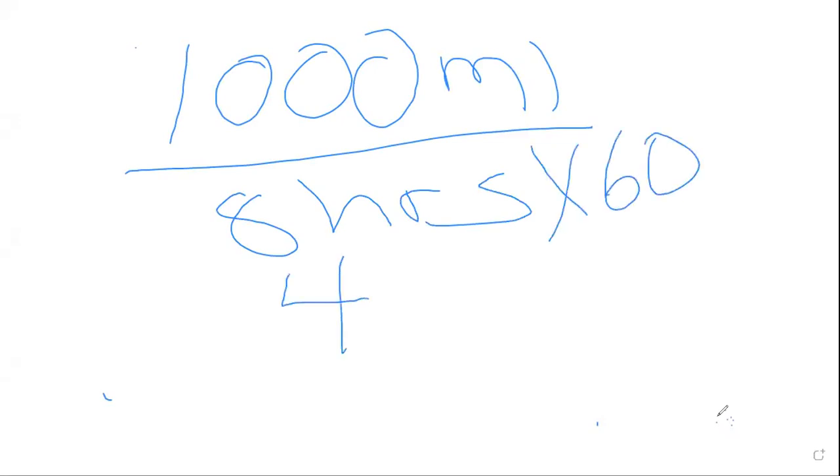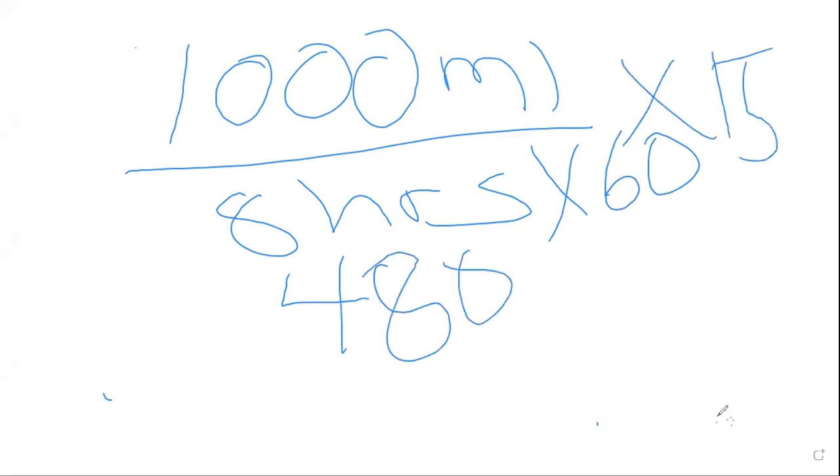So we have 1,000 mLs. Our time is 8 hours. We just need to convert that into minutes. So 8 times 60 is 480. And then we're multiplying that times our drop factor. So we have 1,000 divided by 480 times 15.